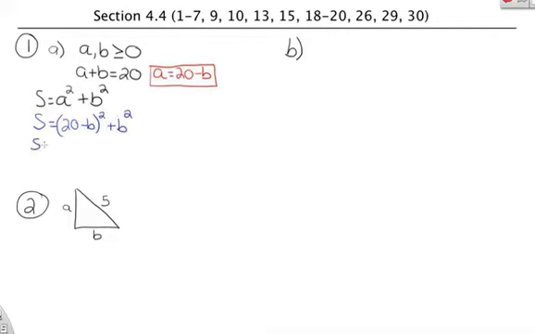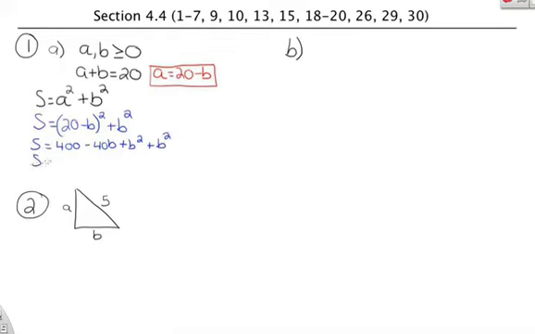And so S equals 400 minus 40B plus B squared, plus B squared.